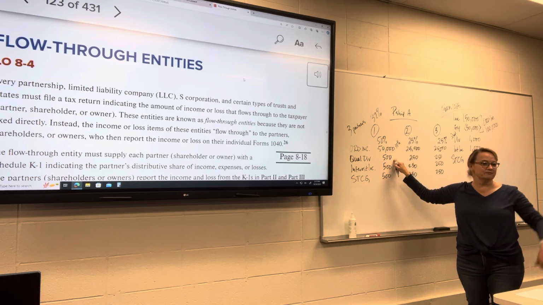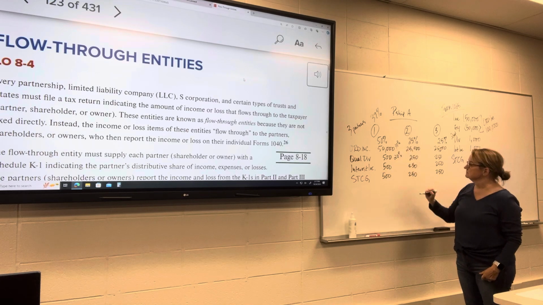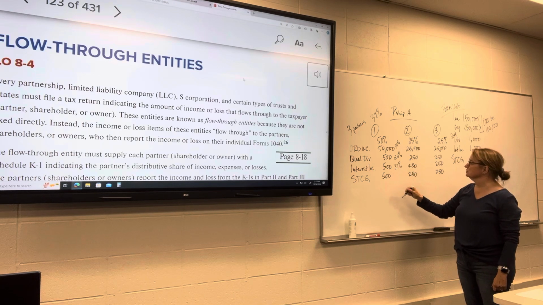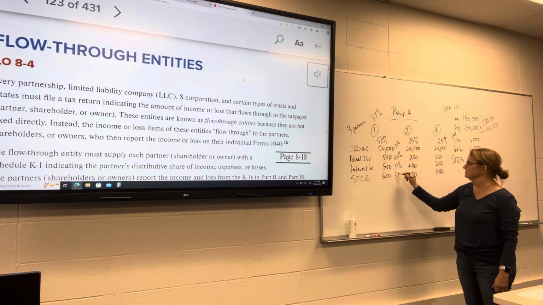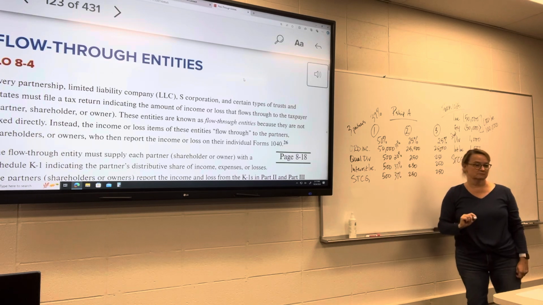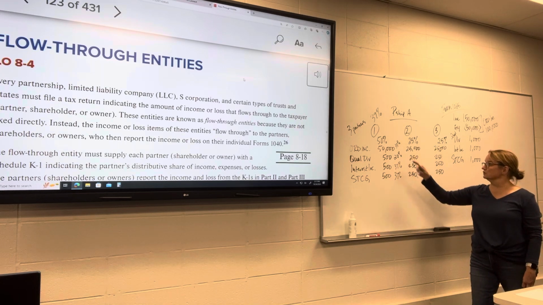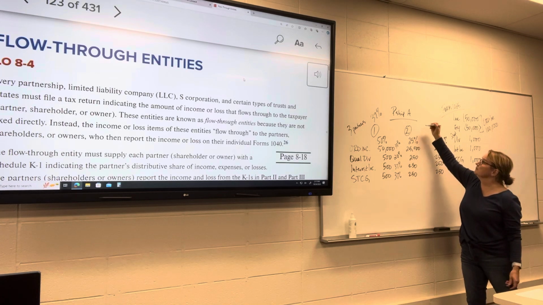That's going to be taxed at 37%. Qualified dividends, if they're at the highest level, that's going to be taxed at 20%. Interest income, 37%. Short-term capital gains, let's just say they don't have anything to offset it, so that's also going to be 37%. Because we're in the 37%, and it's short-term, so they don't get the benefit of the long-term tax rates. But partner 2, they don't make much other money.